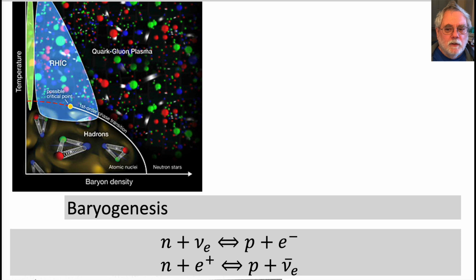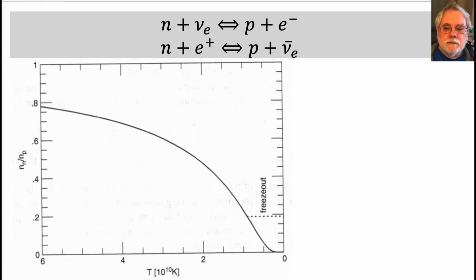They were in thermal equilibrium with electrons, positrons, neutrinos, and photons. The neutron has slightly more mass than the proton, so neutrons were fewer than protons. Numbers on the left side of the equation were lower than the numbers on the right side.